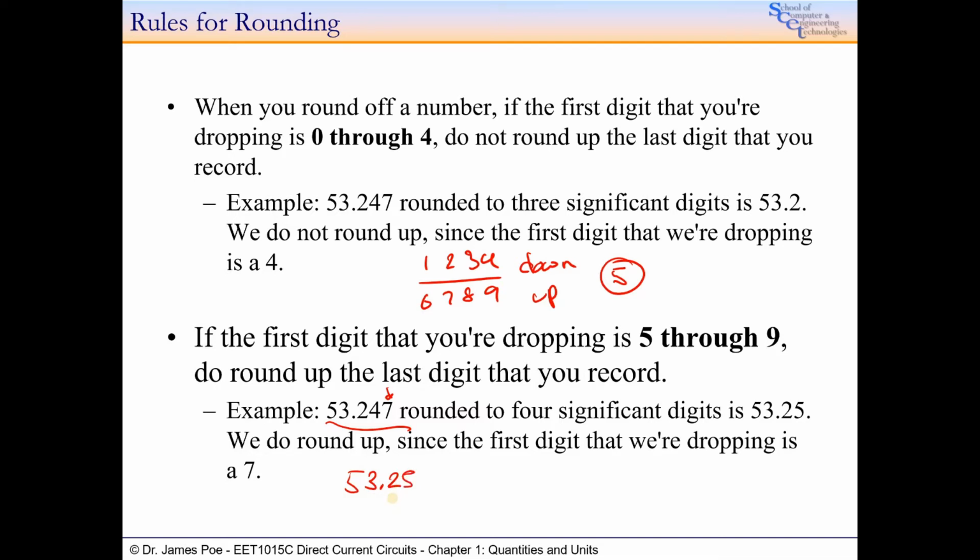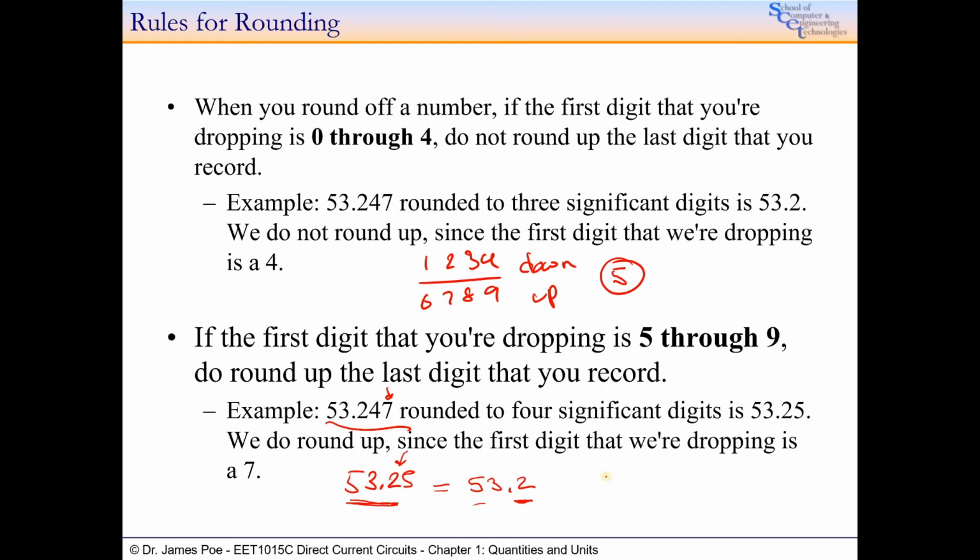Now let's say, though, that I wanted to round it so there was only one number after the decimal point. Here's the tricky case. In this case, we would round it to 53.2. We rounded down, since by rounding it down, this number is an even number.